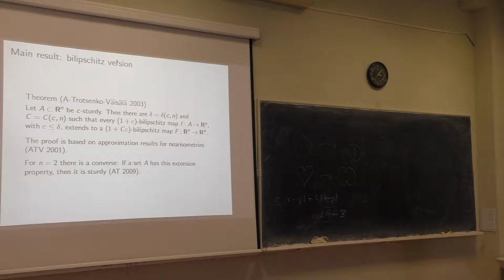And then the result is that for small epsilon, all 1 plus epsilon bi-Lipschitz maps can be extended to the whole space. And the main point in our constructions is that this error term is optimal in some sense. It grows linearly in this epsilon, not some square root of epsilon, but only c times epsilon.